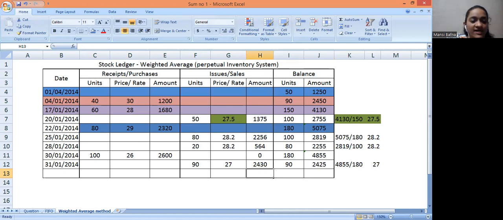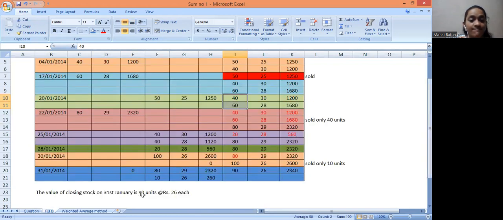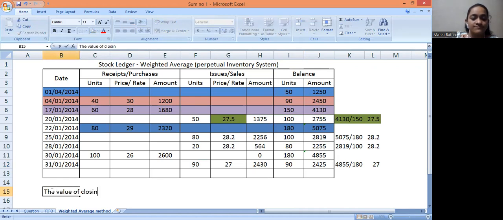Now, if you check under the FIFO method also, at the end of the month, you had a balance of 90 units, and under weighted average method also, you have a balance of 90 units. Only the rate is different. Here also, you will write down the value of closing stock on 31st January is 90 units costing rupees 2425.